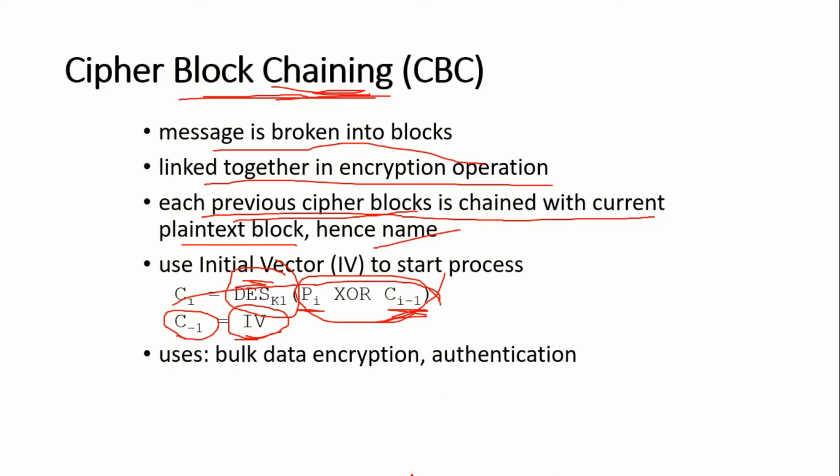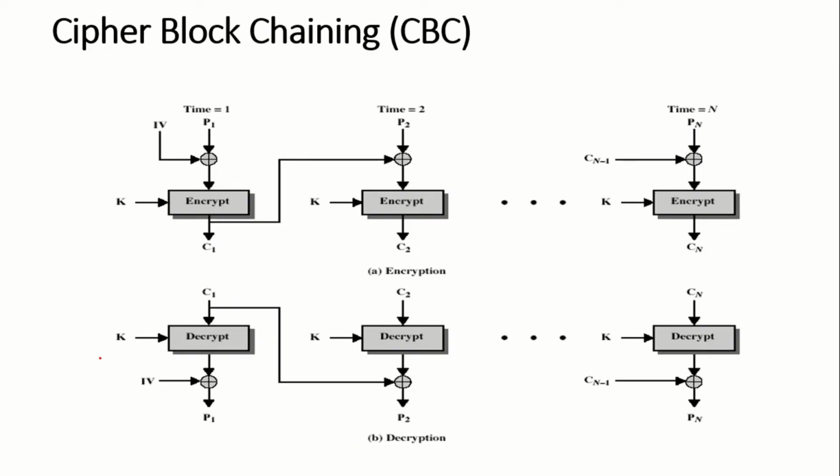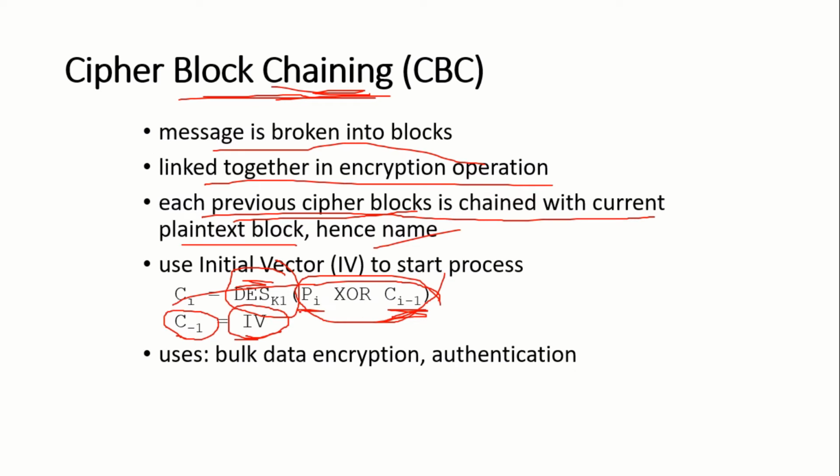Fine. So how does it work? We'll see now. We have divided the plain text into a number of blocks, right? This is P1, this is P2, up to Pn. Now for the first plain text block, we have this initialization vector. Fine. So they will be XORed first of all. That is, this expression is telling you Pi and the previous cipher block are XORed first of all.